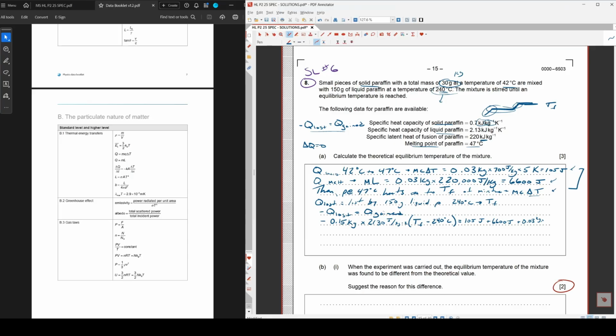So I'm going to still use this liquid specific heat capacity. Running out of room. Times the final temperature minus the initial temperature, which was 47 Celsius at that stage.